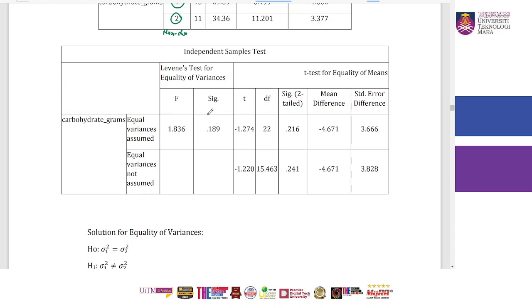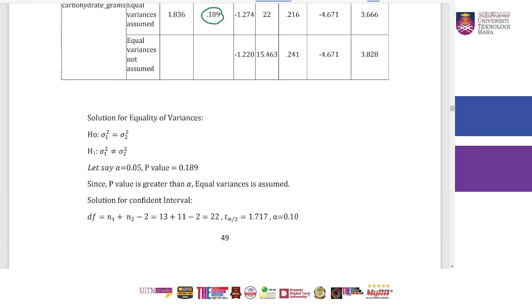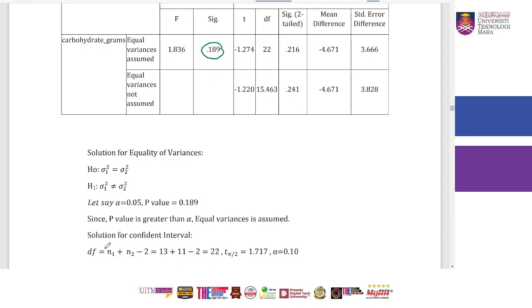What to look here? So first thing that you need to do is to look at the significant value. Okay, sebab the significant value will be used in order to determine whether you need to reject the null hypothesis for equal variance or fail to reject the null hypothesis for equal variance. So the Levene test will test H naught sigma 1 squared equal to sigma 2 squared. So in this case, equal variance.